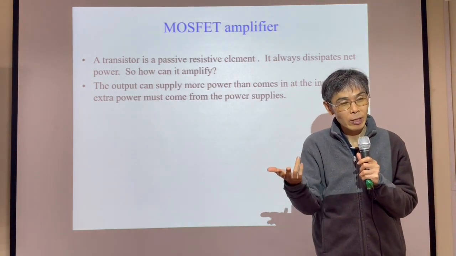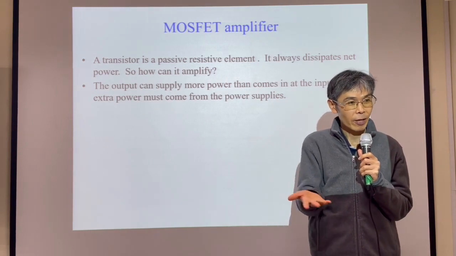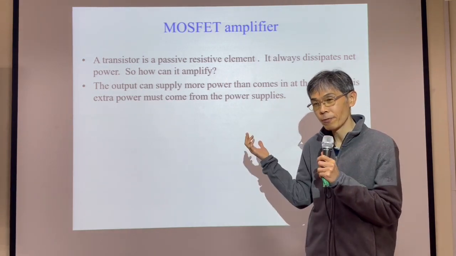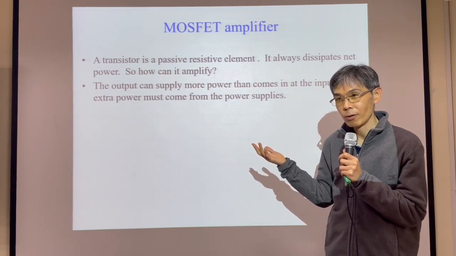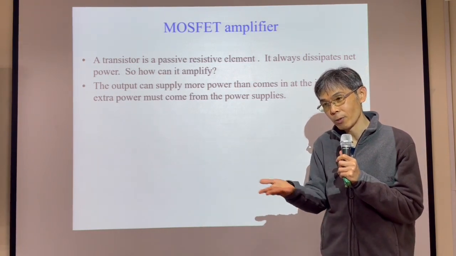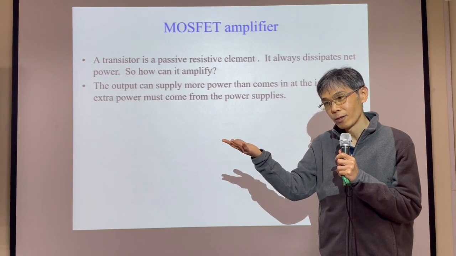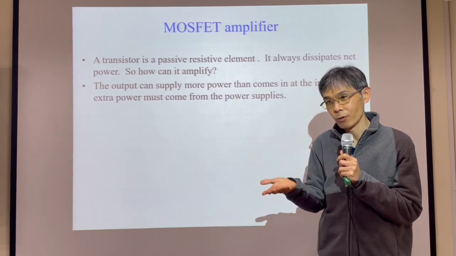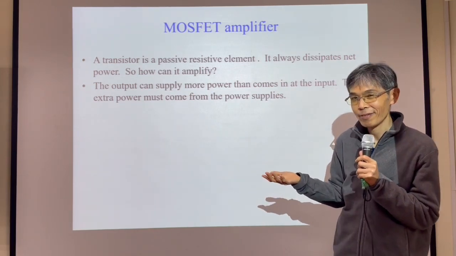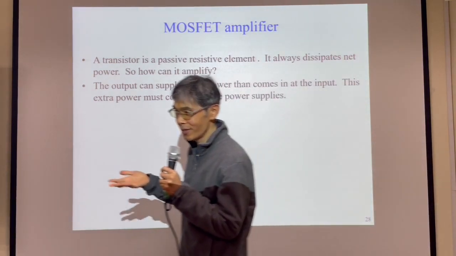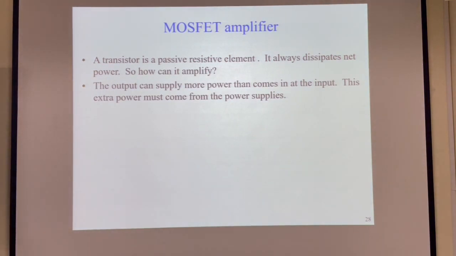We need VDD to supply power to the amplifier, to make the amplifier operate. So although an amplifier amplifies a small signal to a large signal, we need to give it voltage, a power supply. That's the answer. Okay.